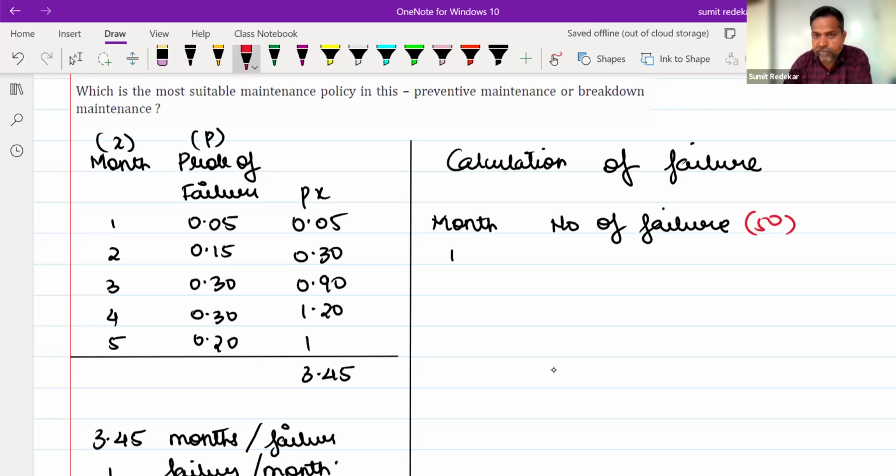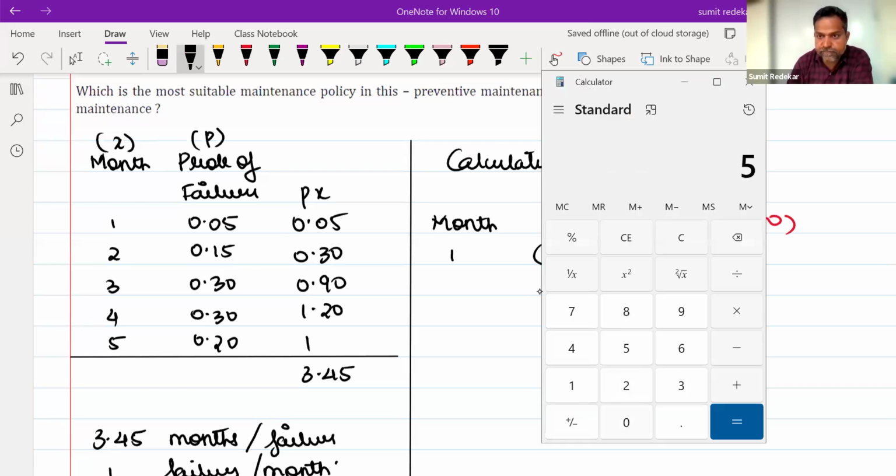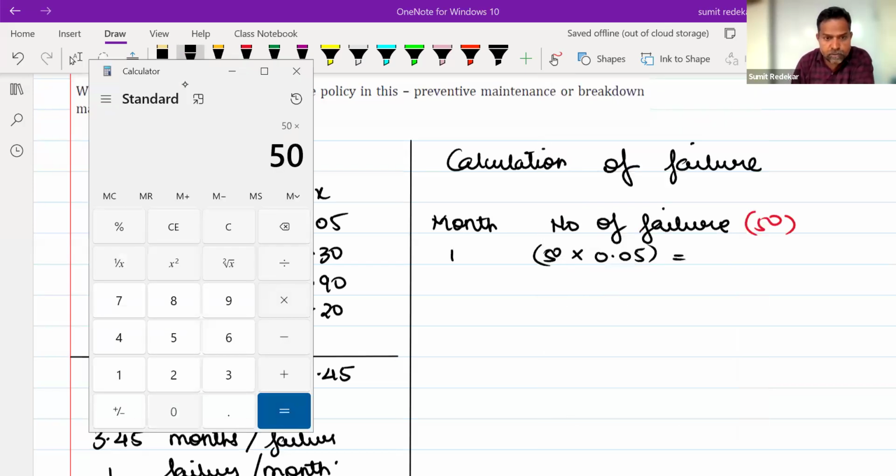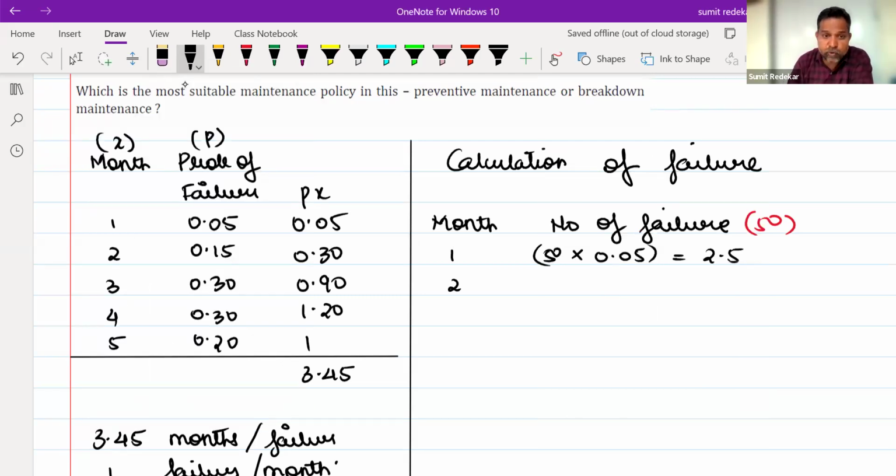Let me write down that we have 50 machines or 50 equipments. 50 will break down with the probability of the first month. And that is going to be 50 into 0.05, which is 2.5 failures. Correct? I'm going to very quickly find it because it's just 5 months. It's easier to find that and then go to the costing. The 2.5 will break down with a probability of 5%. And the 50 will break down with a probability of 15%.